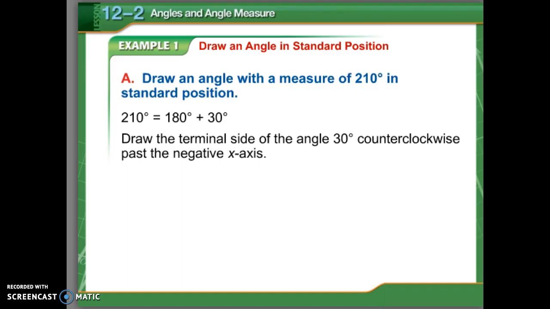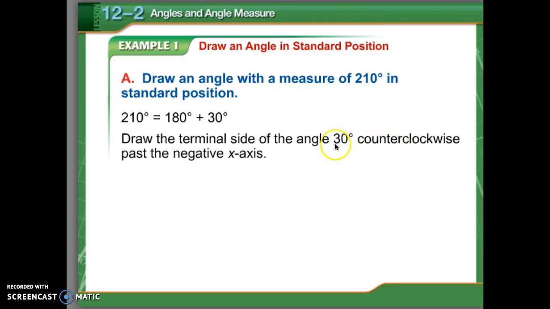It's helpful when you have an angle, if it's more than 180 degrees, to break it down into 180 plus some amount, or if it's more than 360 to break it down as 360 plus some amount, because if a 0-degree angle is just a ray starting at the origin moving out towards the positive x-axis, then a 180-degree angle would be a ray starting at the positive x and flipping over to the other side towards negative x. So a 210-degree angle is a 180 plus a 30-degree angle.